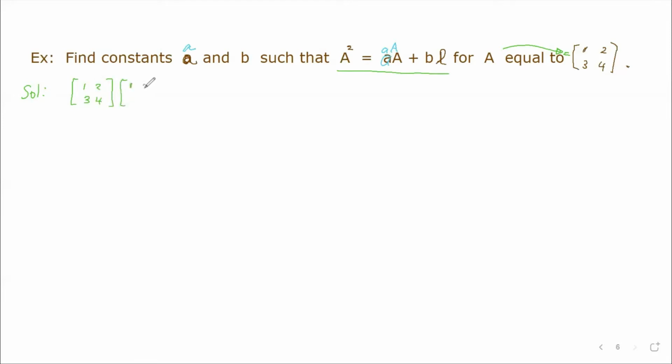A square. This is A, this is A also. A square equal to small a, scalar a. So scalar a, we don't know, like unknown. So matrix A, we have 1, 2, 3, 4 plus scalar B unknown.